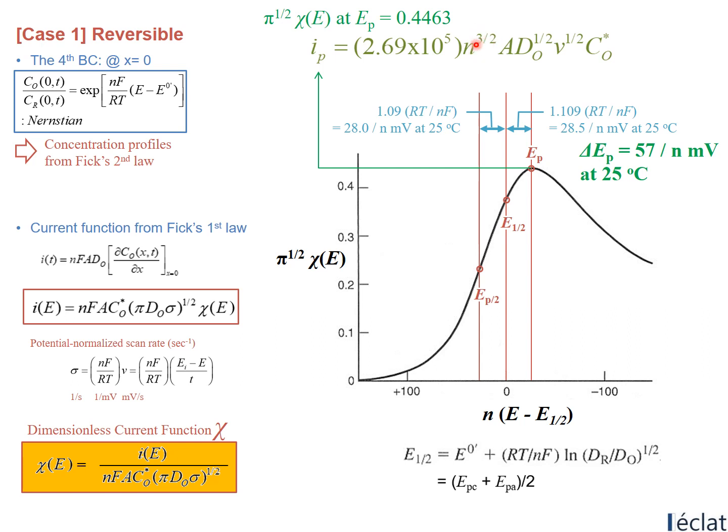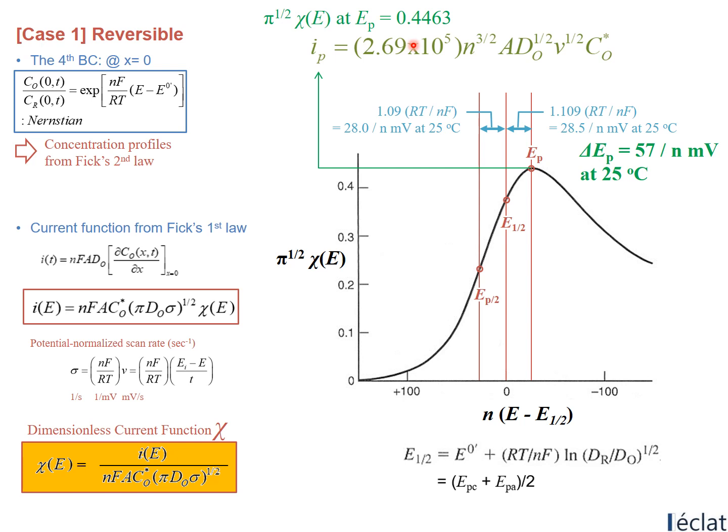So right now we have the equation for the peak current, which is proportional to n to the 3 over 2 with A, the root square of diffusivity, the root square of scan rate, and bulk concentration with some constant value. What's that? This is the Randles-Sevcik equation.